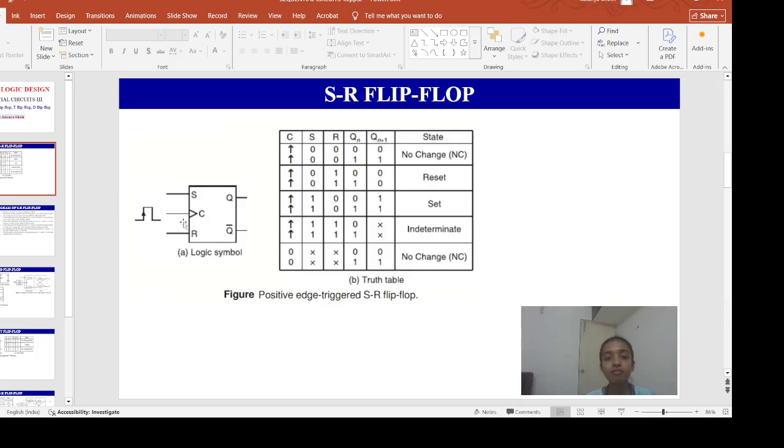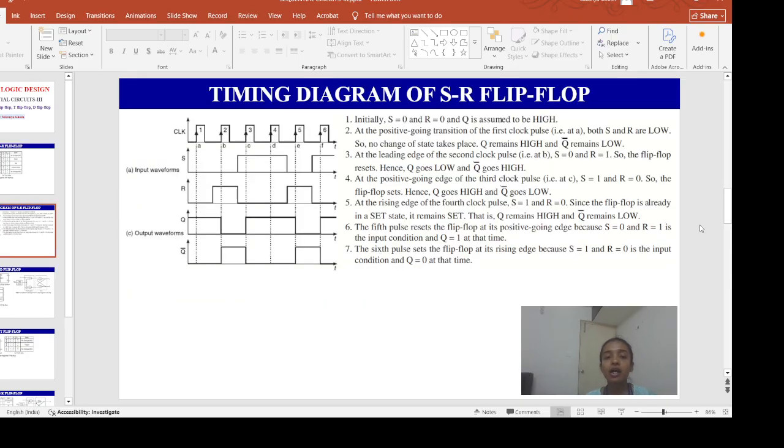That means the flip-flop will get triggered whenever a positive-going edge of the clock pulse is applied to it. Now if you notice the timing diagram of this SR flip-flop, this is your clock signal, positive edge-triggered.